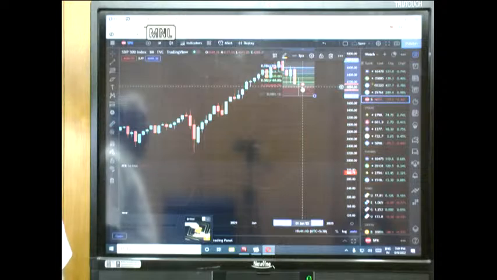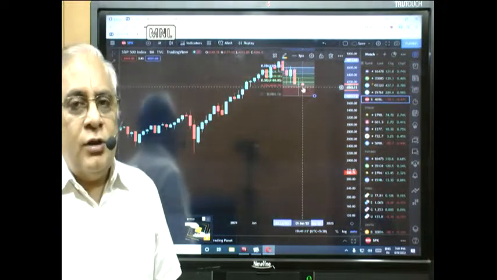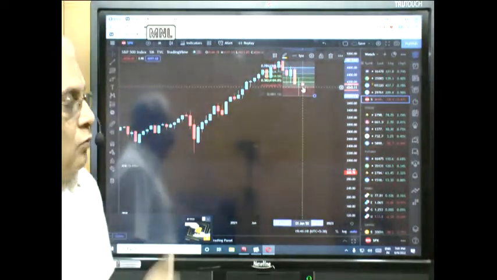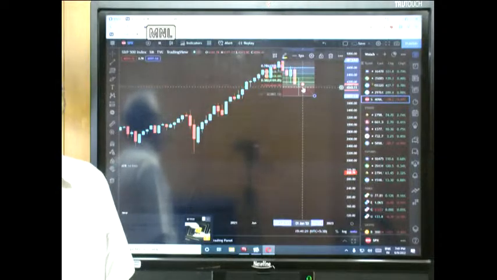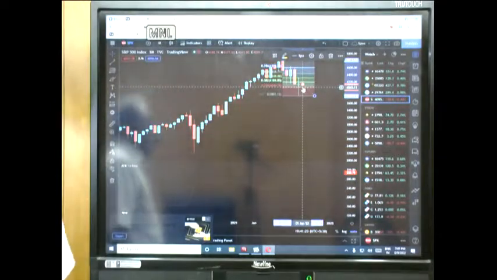Right now we should expect a fall which could go below 40.40. This is the 23.5% retracement of the entire move. That has to be cut for us to look towards the shorter side.